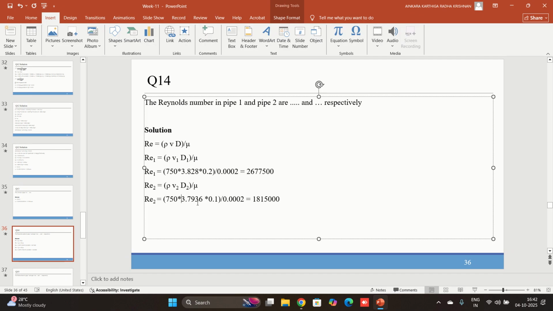It is 71000. And again, Reynolds number in pipe 2 is 750 into 3.7936 into 0.1 divided by 0.0002.